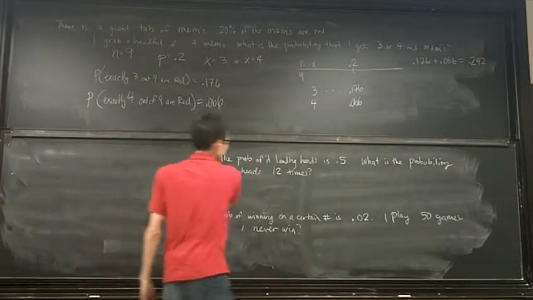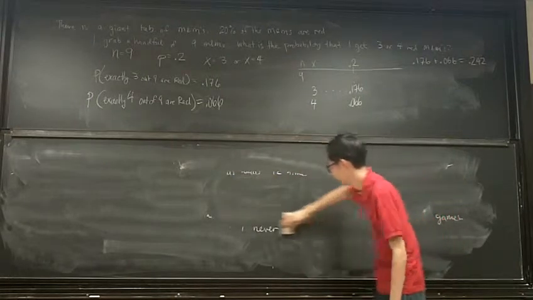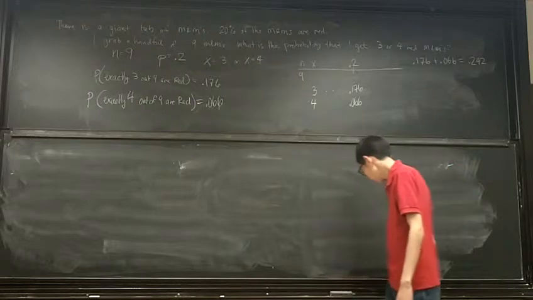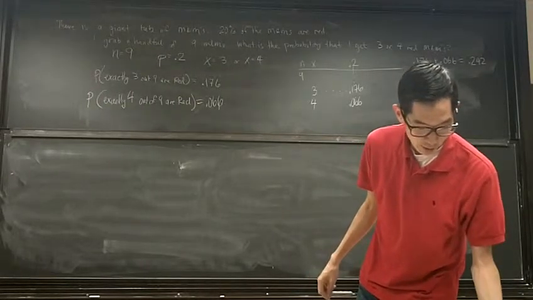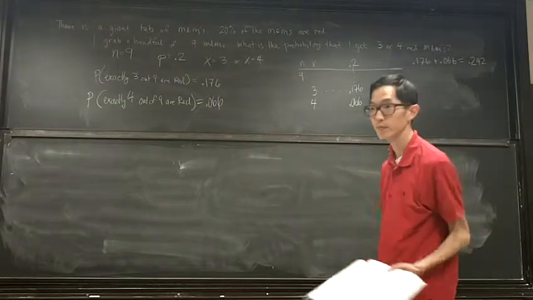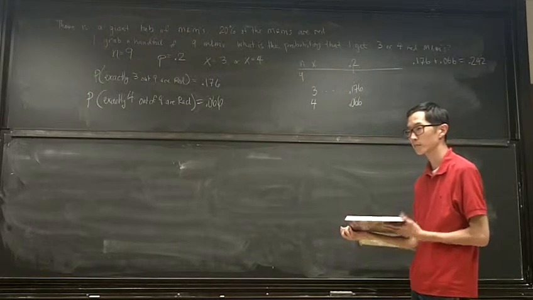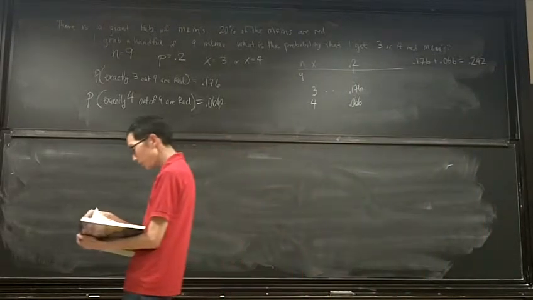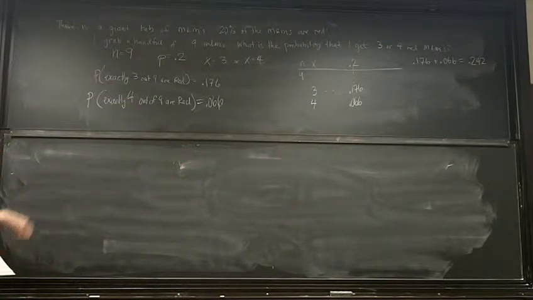On the test, I will give you the normal table and the binomial probabilities table. I'll give you A2 to A5, 4 pages of tables. Alright? Okay, so let's try one more.